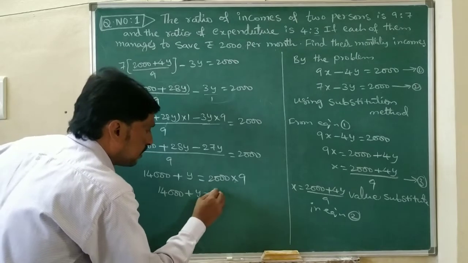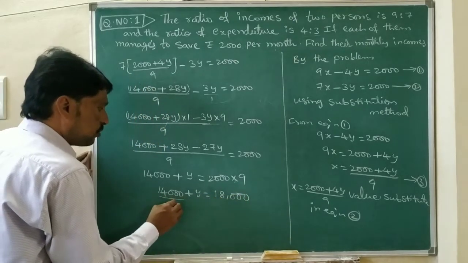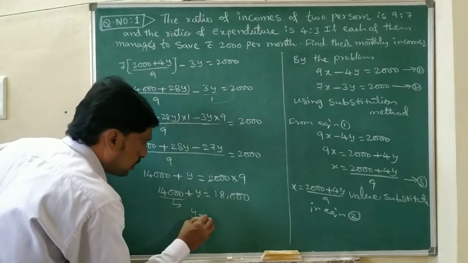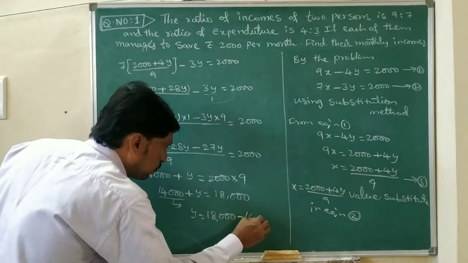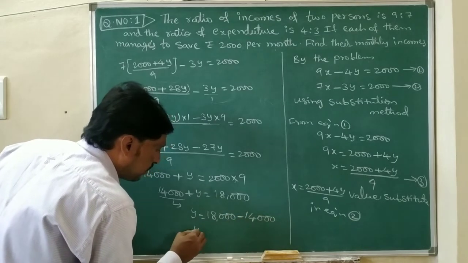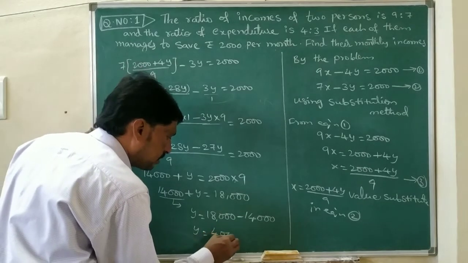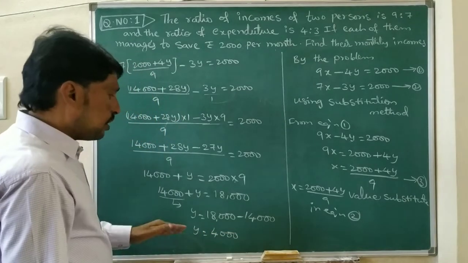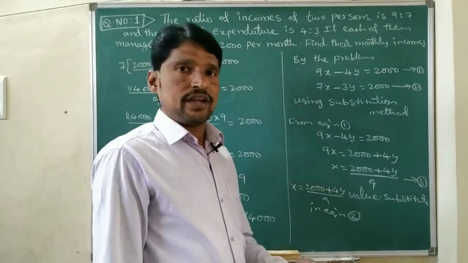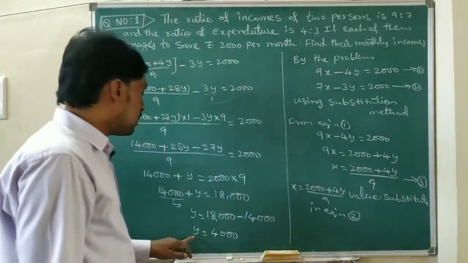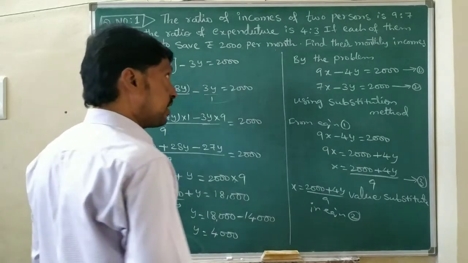Sorry, 9 2s are 18,000. So this 14,000 you have to transpose, so write y equal 18,000 minus 14,000. So y equal 18,000 minus 14,000, subtracting means we are getting 4,000. So y is the expenditure we took. So expenditure y equal 4,000 we are getting.